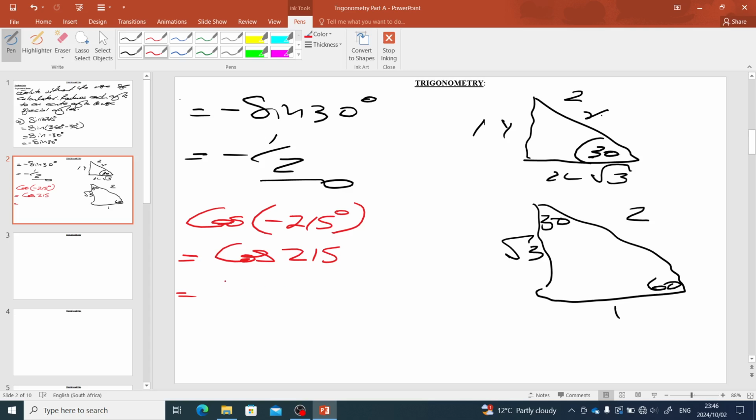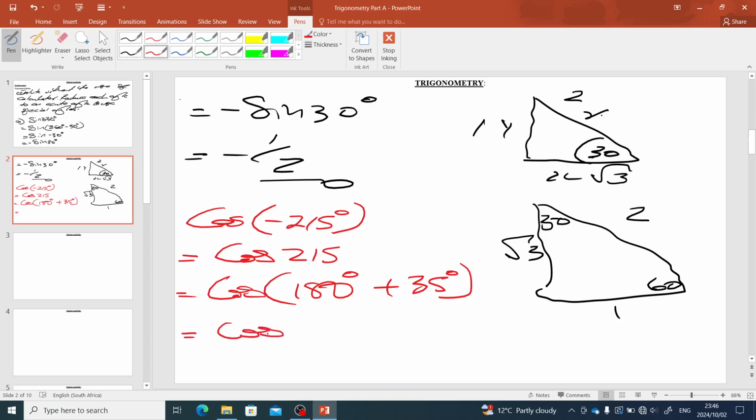It means here we are having cos 180 degrees plus 35 degrees. Now 180 plus 35 will give us 215 degrees. Then we are now having cos 35 degrees.